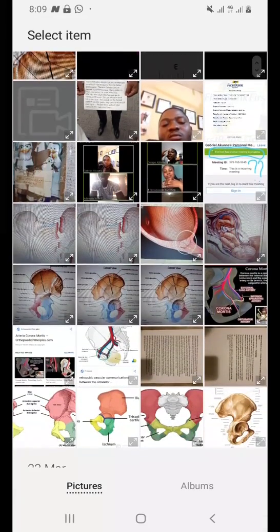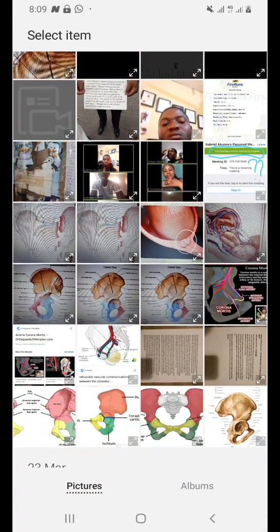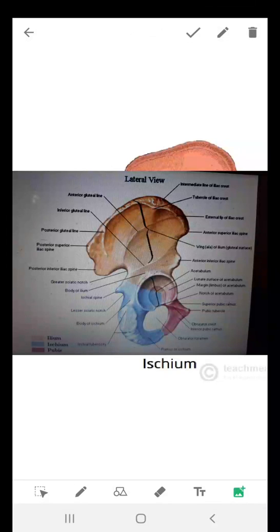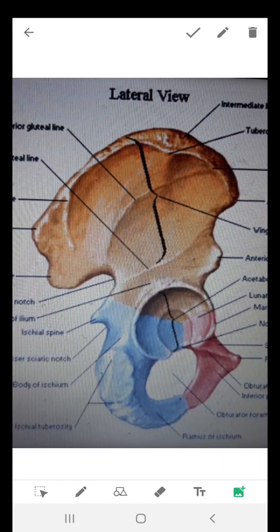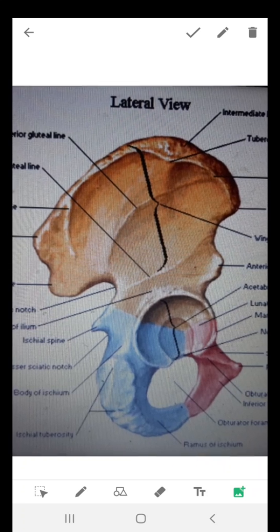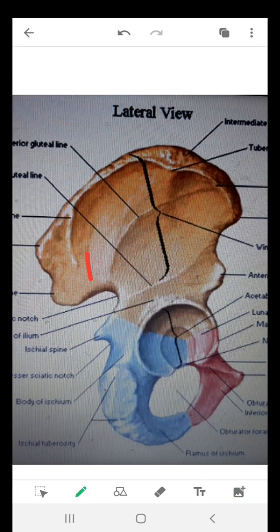Now let's pick this image here. If you look at this image, there are three sisters: one, two, and three of them. Of course, one of them is the most senior.